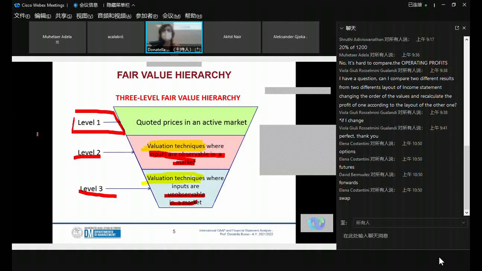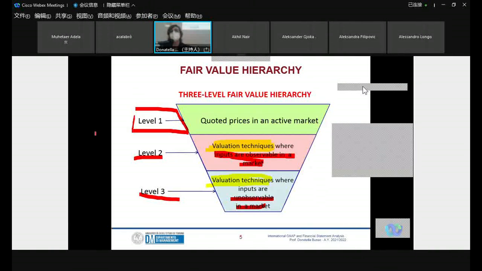The problem is that when I compute the present value, I need to use an interest rate, a foreign currency, and if I can obtain those inputs simply looking at the market, this is a level 2. Yes, there is some subjectivity, but very small, because we agree on the valuation technique, the present value.